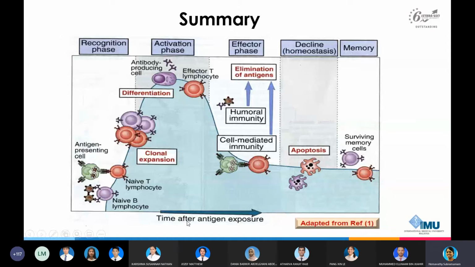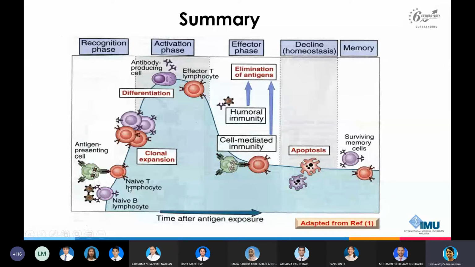So here, this is the time after antigen exposure. We also need to look at the different phases. First, you have the recognition phase. Next is the activation phase. Effector phase. You have the decline phase, homeostasis to provide the balance, and the last part is your memory.